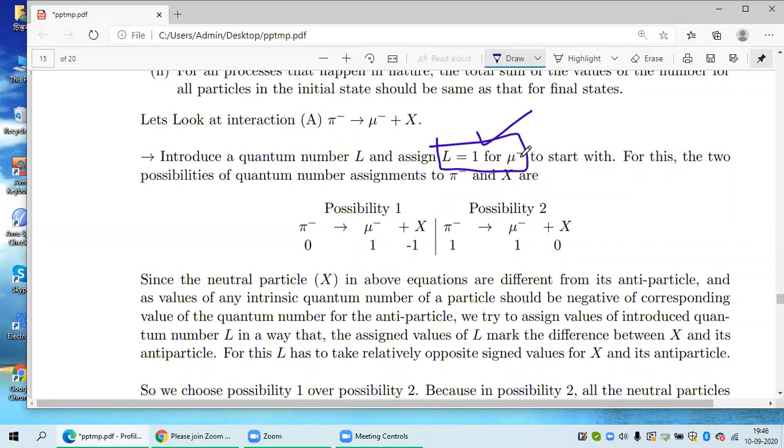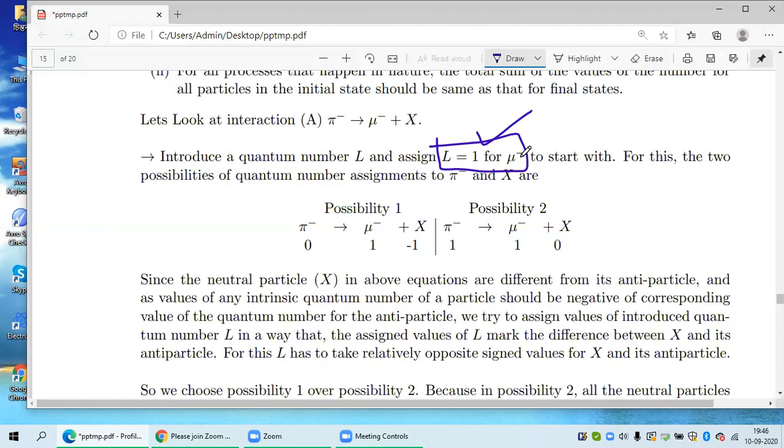If we put L in one particular reaction that way, then go to the next reaction. Some more L values are already assigned in the last two equations. Now in the third equation, if we find that those assigned values are not fitting, but it is still happening in nature, then we have to reject that choice.